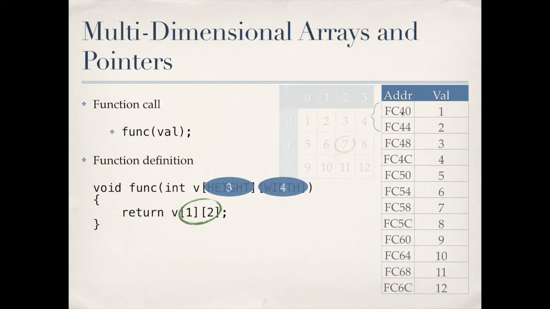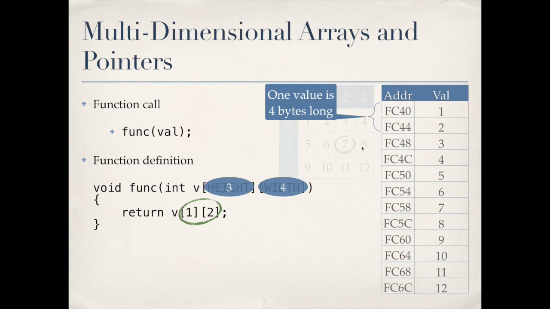Again here, we have 4 bytes of distance between two addresses, and this is totally the same as before, simply because we have an int and a 4-byte int value to store there.